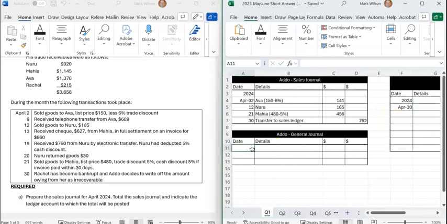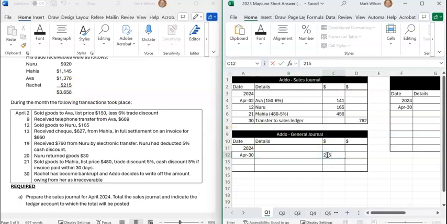Try it here. And what we're going to do is, when Rachel writes it off, it's going to become an irrecoverable debt. Now, journal entry, we need a debit and a credit. The figure that's given to us is 215, how much she owes.